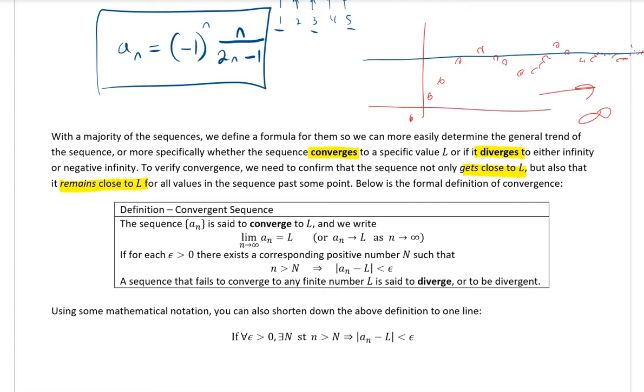If I try to define that, what that means is that we say that the sequence converges, and that means that the limit as n goes to infinity of a sub n equals L, meaning that the sequence itself is approaching some constant value L, which could be positive or negative.